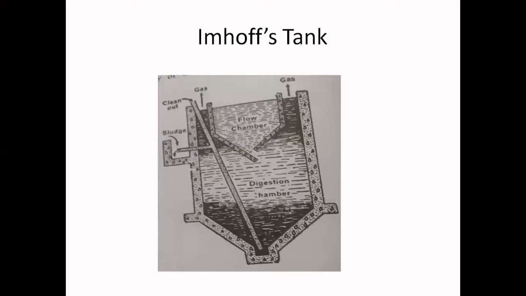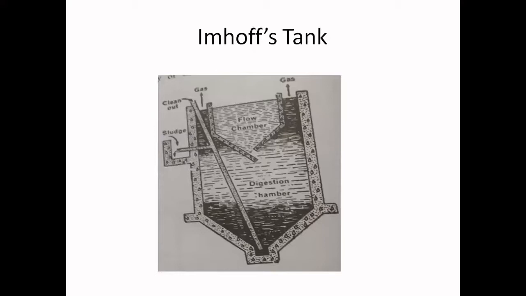The sedimentation chamber should be provided with suitable inlet and outlet devices. An opening is provided at the bottom of the sedimentation chamber, called the slot. Through this slot, the solids which settle at the bottom of the sedimentation chamber pass into the digestion chamber.